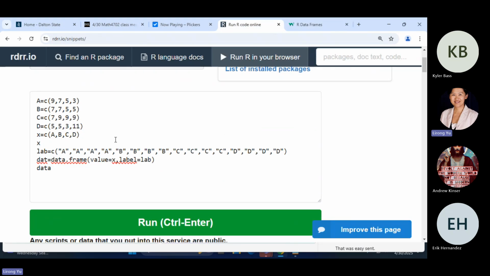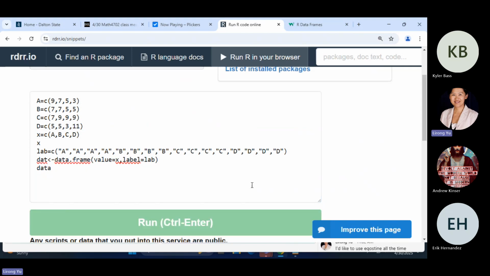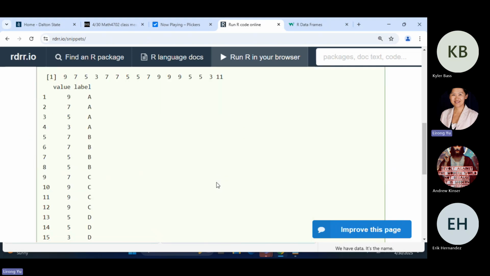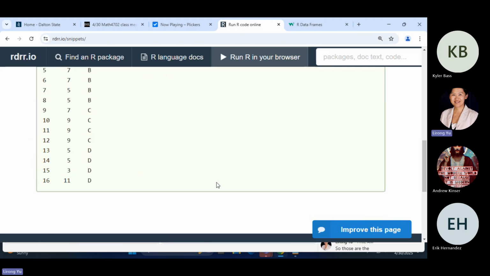So maybe the way I use the function is wrong. I like to use the equal sign all the time. I think it's a mathematics thing. Oh, we don't have data, we have DAT. It's the name that was wrong. Okay, so those are the newly created data set called DAT.